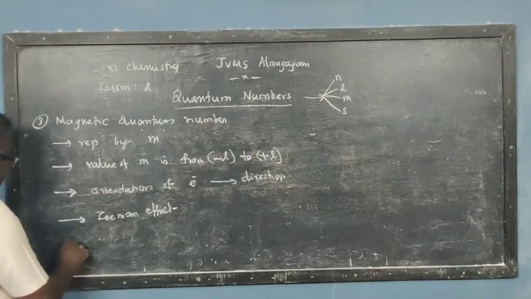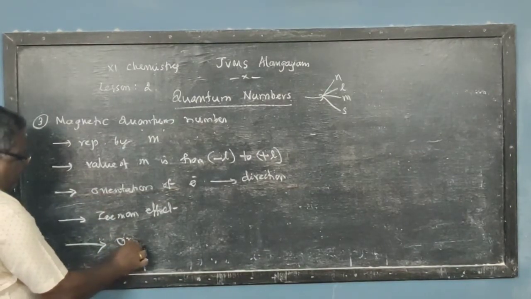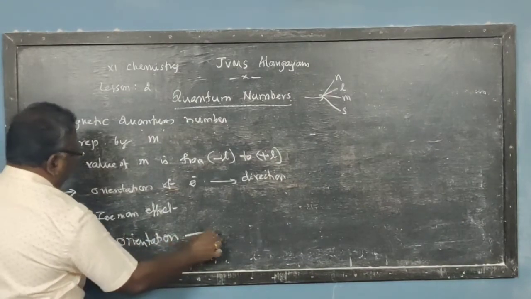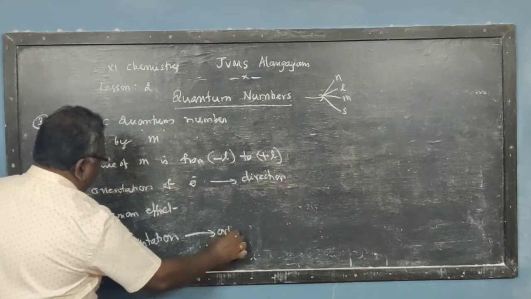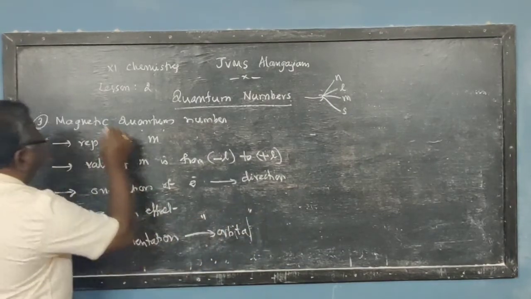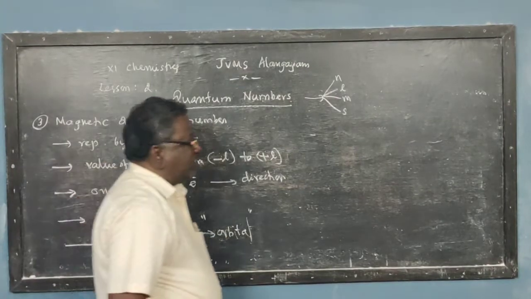So in turn, we can also say that the different orientations in which the electron is moving are called orbitals. Therefore, in short, the magnetic quantum number is the one which indicates the orbital.